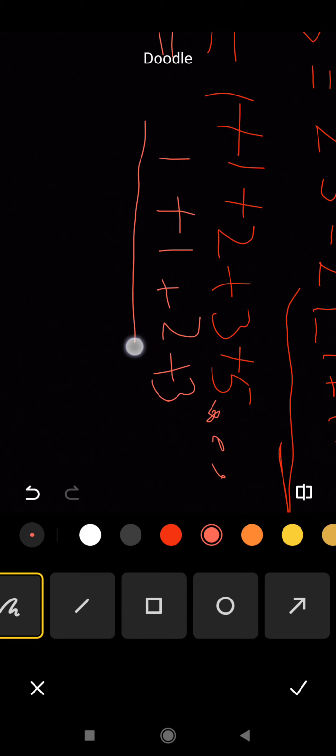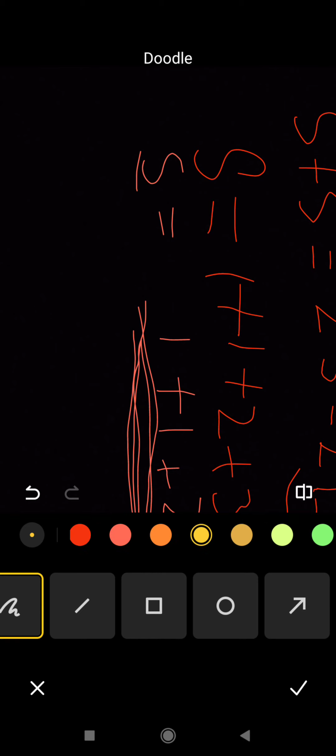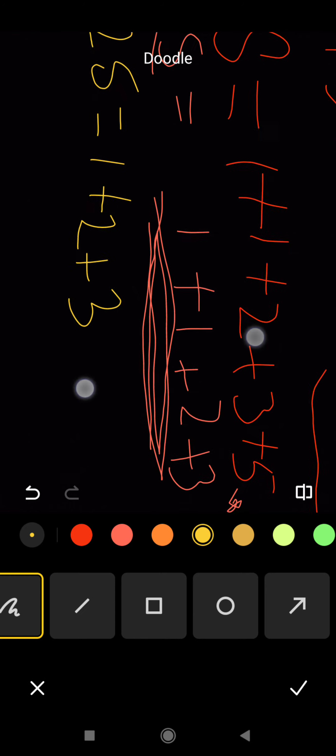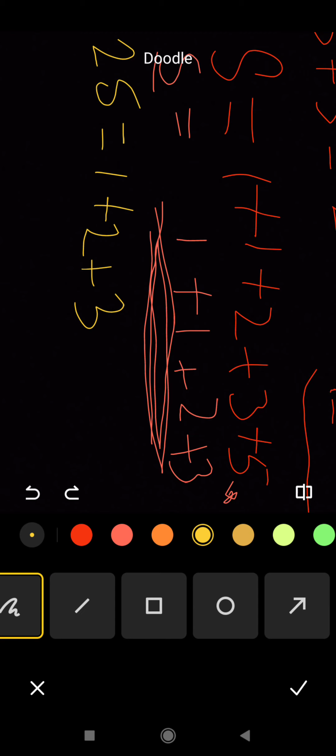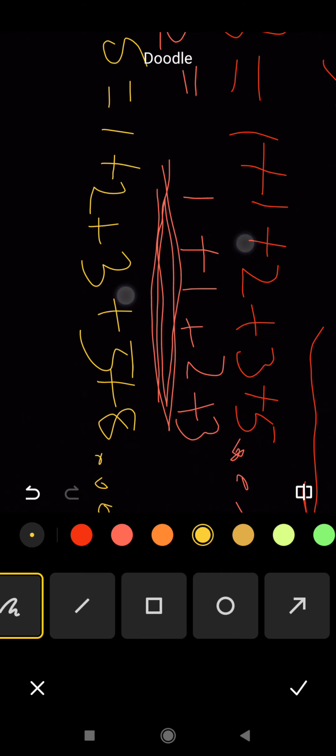Let's just take it till here. What do we get now? We get 2S is equal to 1 plus 2 plus 3 plus 5, plus 5 and plus 8 and so on.